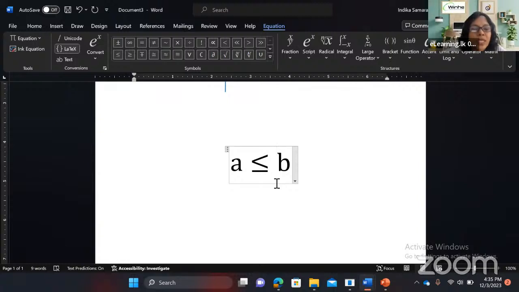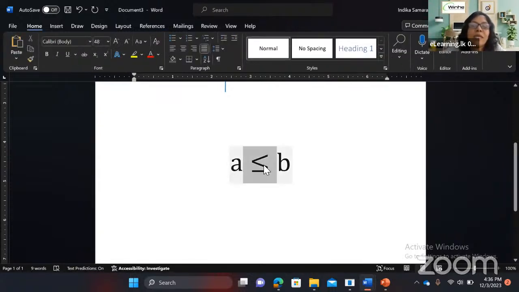So when you use inequalities, you can see the values of A are not a single one. If you put the equal mark, then the value of A is always equal to B. But if you use this unequal sign, the value of A can be any value less than or equal to B. That means A can be B, B minus 1, B minus 2, likewise, right?